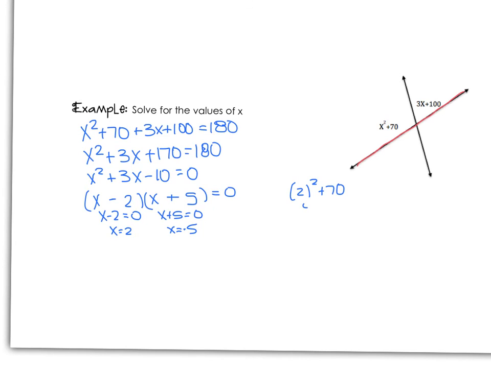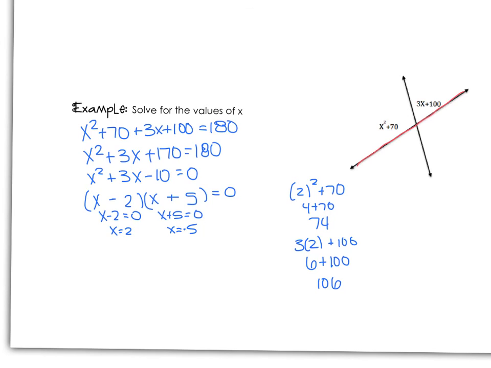So that's 4 plus 70, which is 74. That seems like a valid answer. And 3 times 2 plus 100, that's 6 plus 100, which is 106. Together, those make 180, so that one checks.